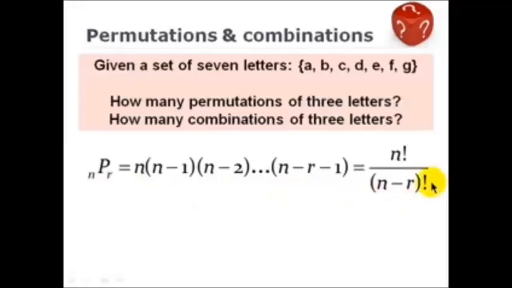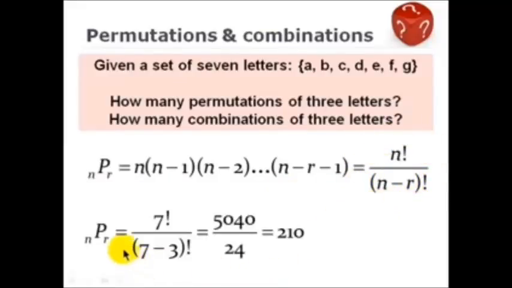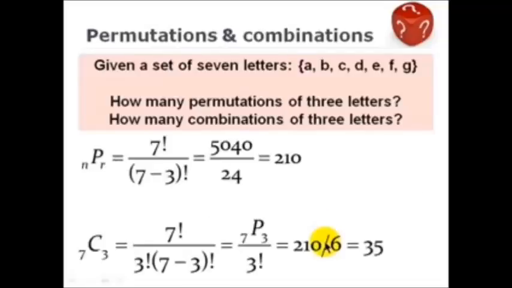For permutations, this is the formula, and the answer would be 7 factorial, because we have 7 letters, divided by 7 minus 3, because we're drawing 3 letters, and so that's 5040 divided by 24, or 210 permutations of 3 letters out of a set of 7, and that's where, remember, sequence or order does matter. We called permutations. That's about the arrangement.